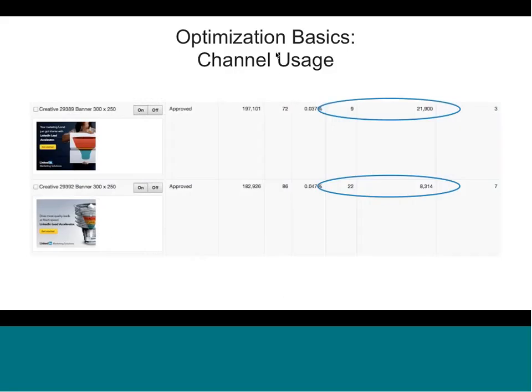On top of channel usage, the other thing that we look at is performance by creative. You saw in the previous slide several different channels, but what I didn't show you was actually A/B testing. Creative is a great way to A/B test your message, your image, all of your various things, also all of your sizes.